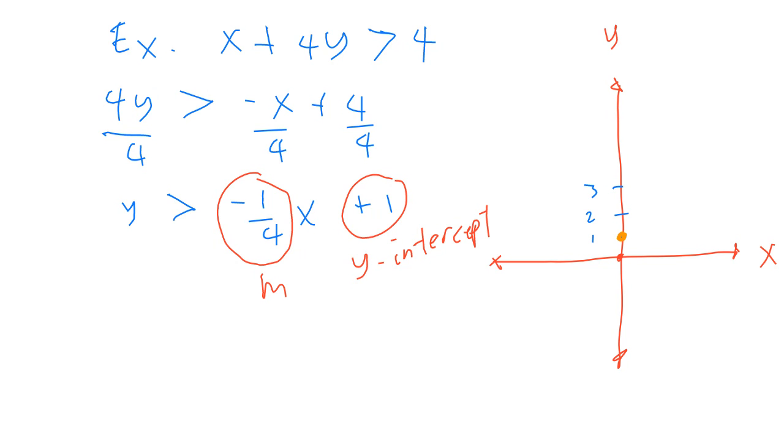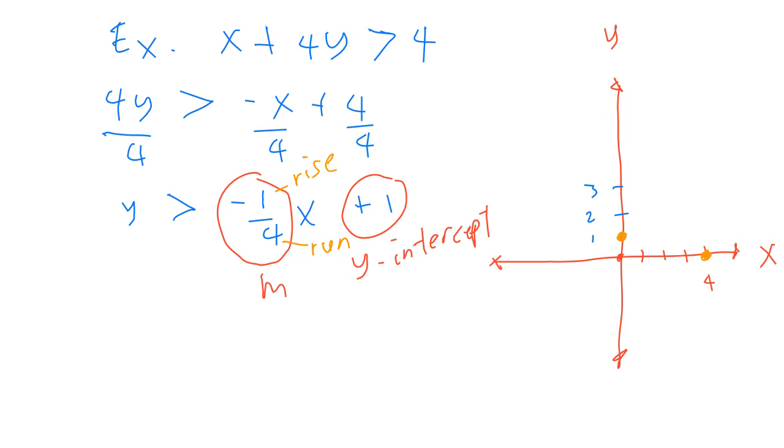And then our rise here is negative 1, so we're going down. Our run for the slope is 4. So we go down 1 unit and then move 4 units to the right, and we mark the second point, which is at 4.